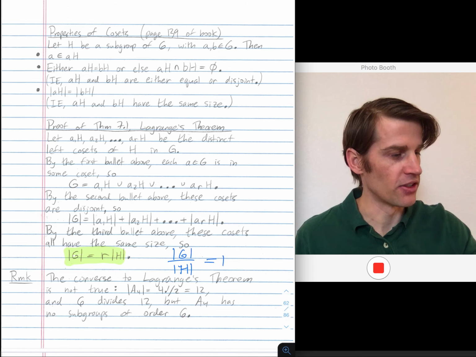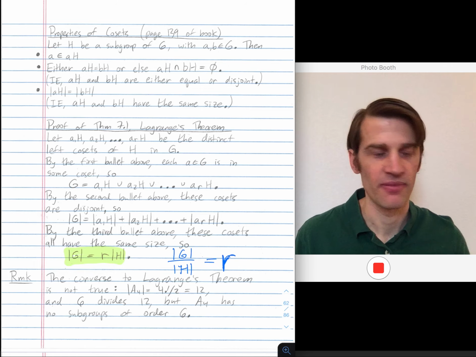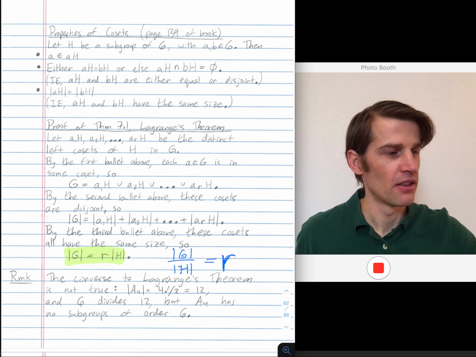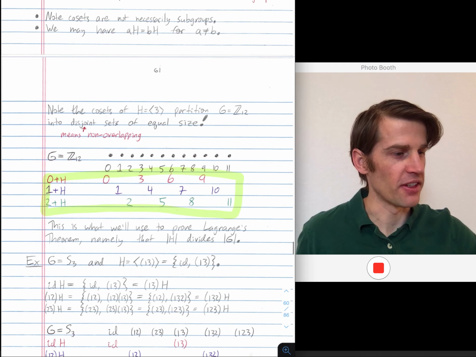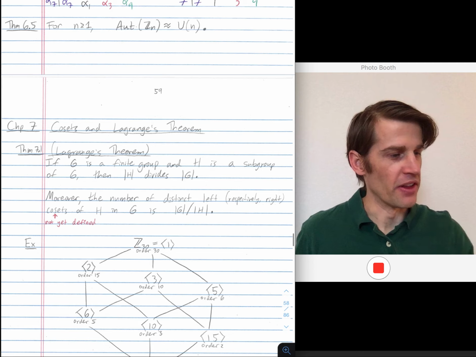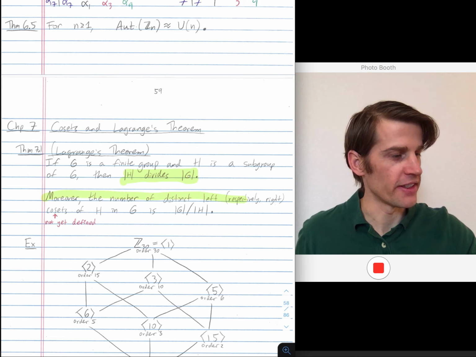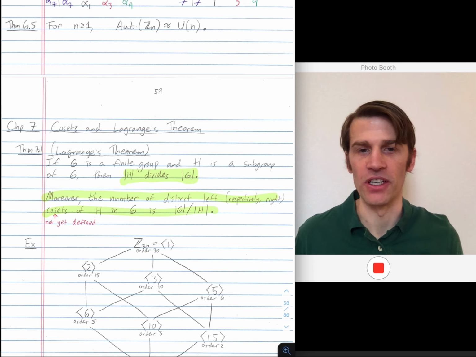It's this integer number R, which is the number of cosets of H in G. So we've proven Lagrange's theorem. We've proven that the size of a subgroup divides the size of the group. And furthermore, the number of cosets, R, is equal to that ratio, the size of G divided by the size of H.